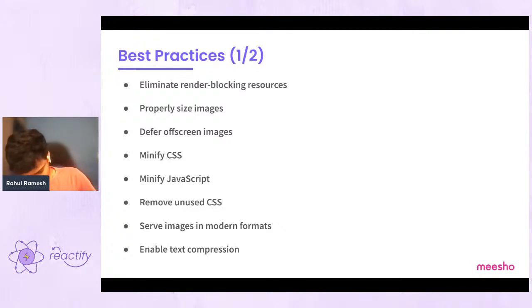So first thing, eliminate render blocking resources. What do I mean by that? Whenever you are rendering a page, the first content that gets rendered has a huge impact on your Web Vital score.